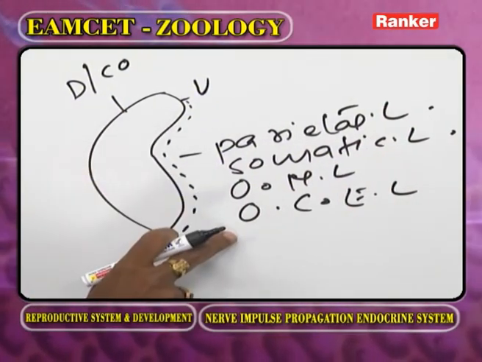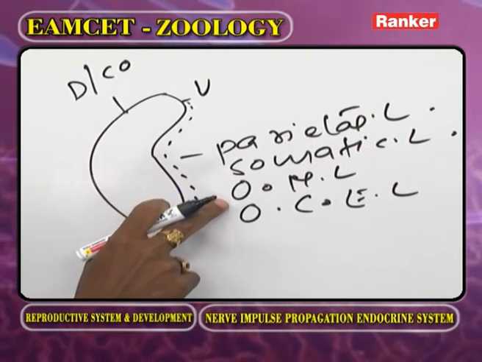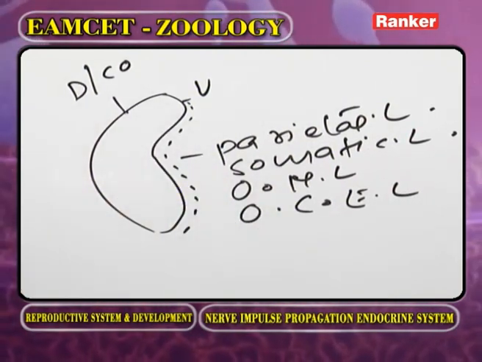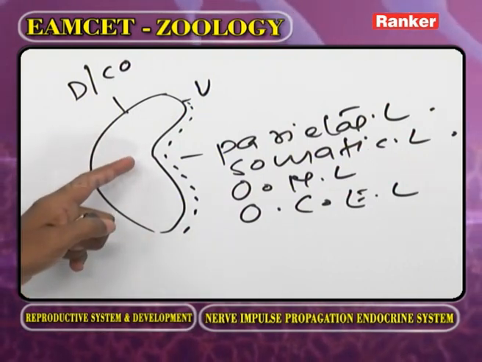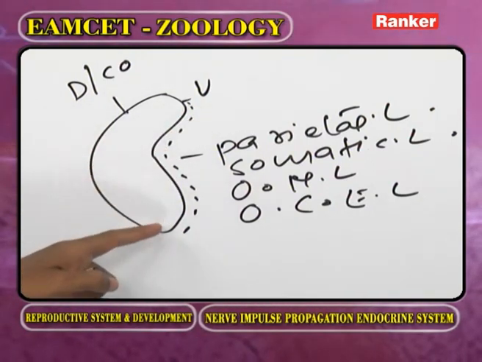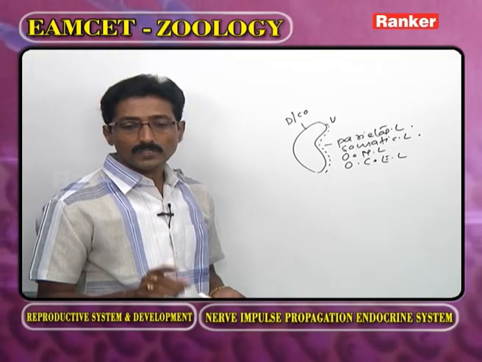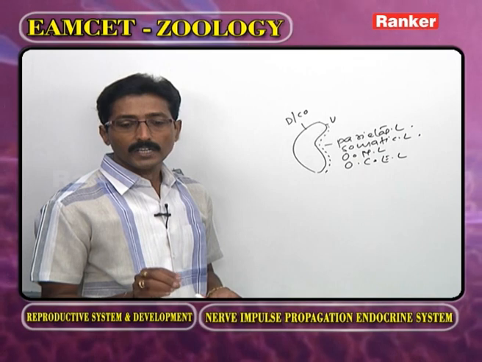Again you observe the words. In case of kidneys, the parietal layer is present only on the ventral side, so the kidneys are called retroperitoneal organs. So the third statement is correct.